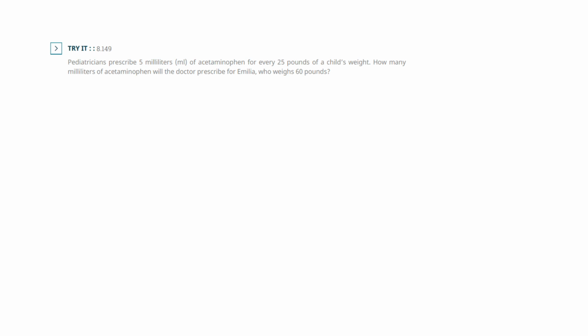All right, now let's try one if you want to, or I'll do it here. We're going to do milliliters to pounds. So here's what I know. It's 5 milliliters to 25 pounds. So on the other side, we've got to set up the same ratio. Okay, I don't know the milliliters. Well, why am I doing A? They did A on the other one. I'm going to make that X. Now I've got to start over.